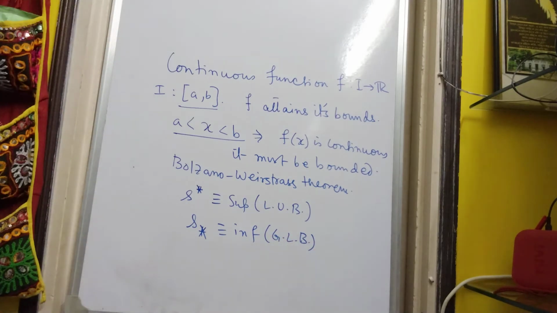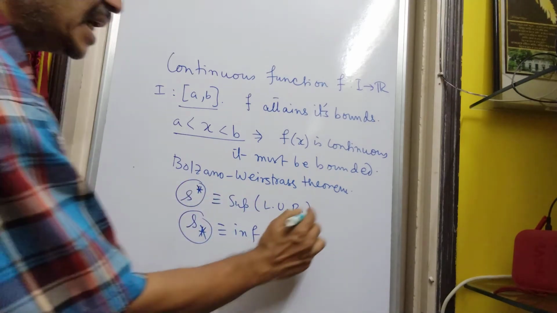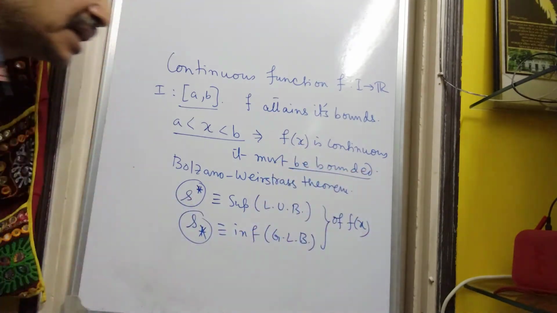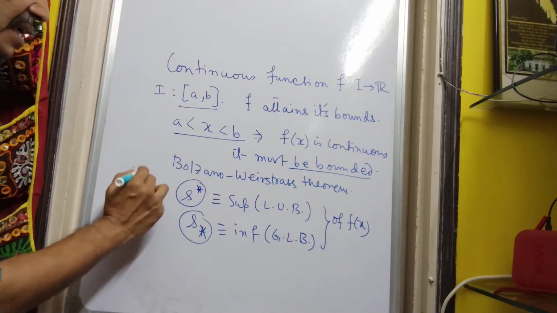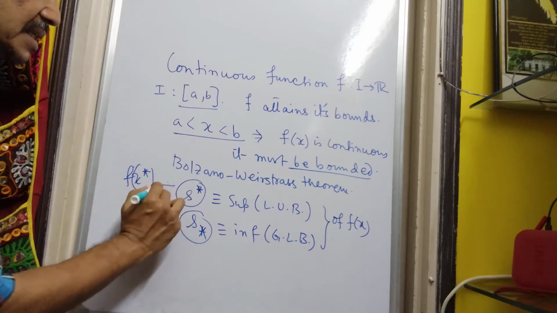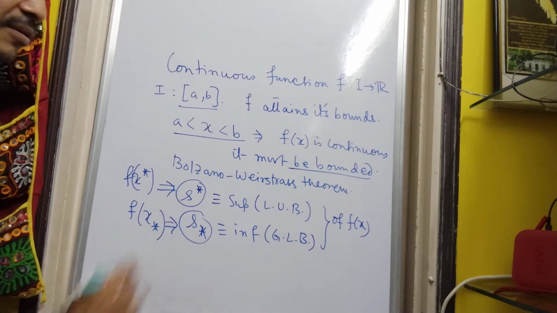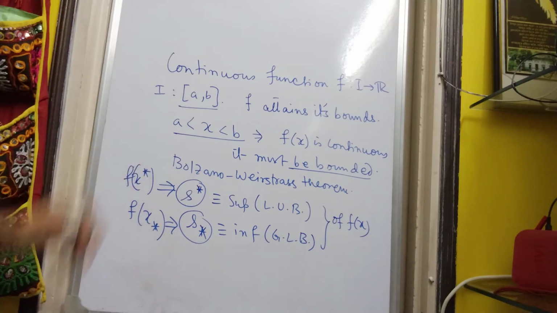Okay, we would like to show that if S star and S are the LUB and GLB of f(x), f(x) is also bounded. We have some x star for which this holds, and we have to show this using the Bolzano-Weierstrass theorem.